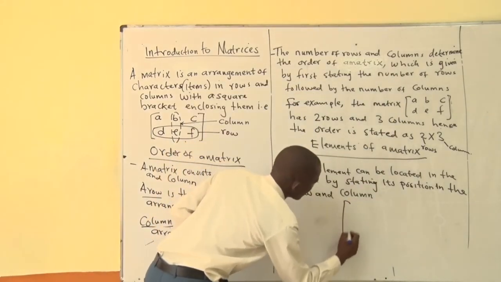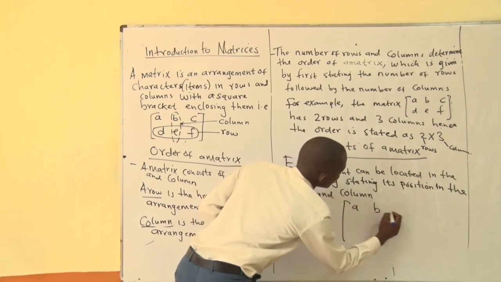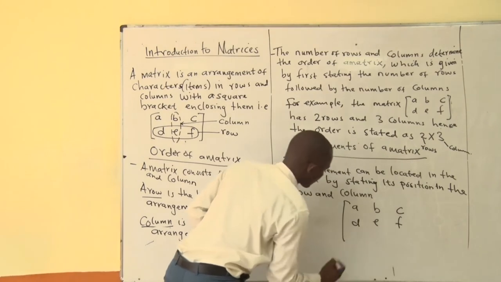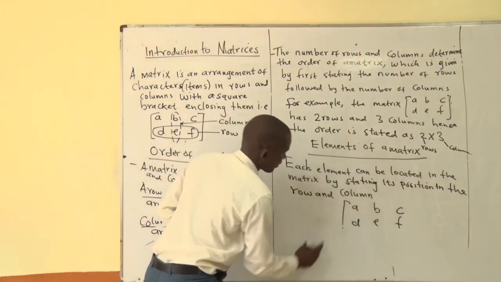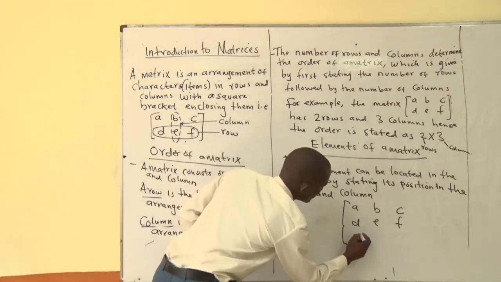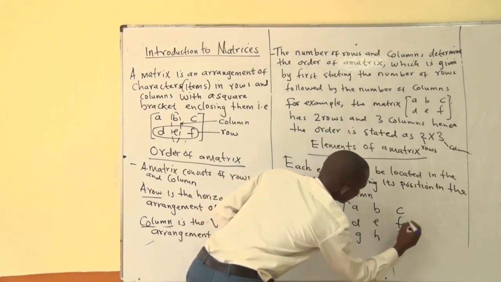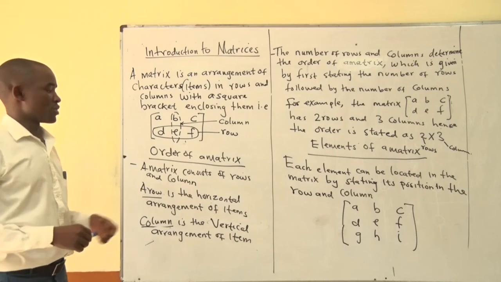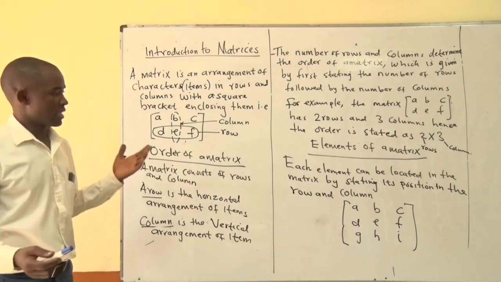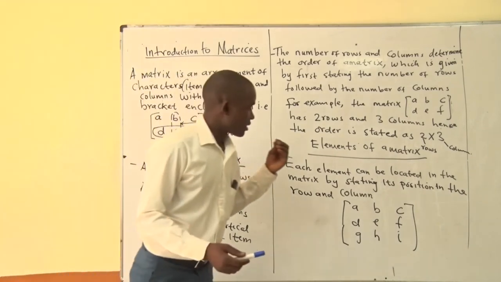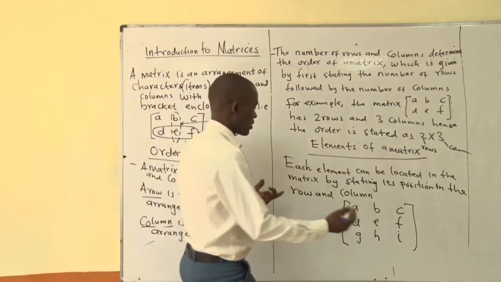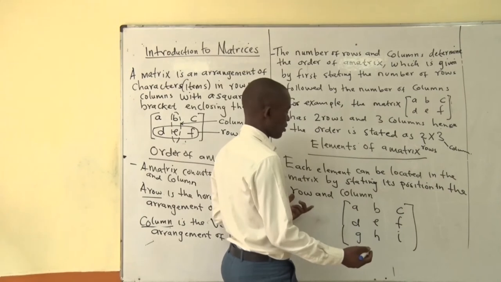Like if you are given A, B, C, D, E, F. We can even extend it, G, H, I. If you are given such a matrix and you are supposed to write the position of that particular character, remember we have said you can start by knowing the order of the matrix.